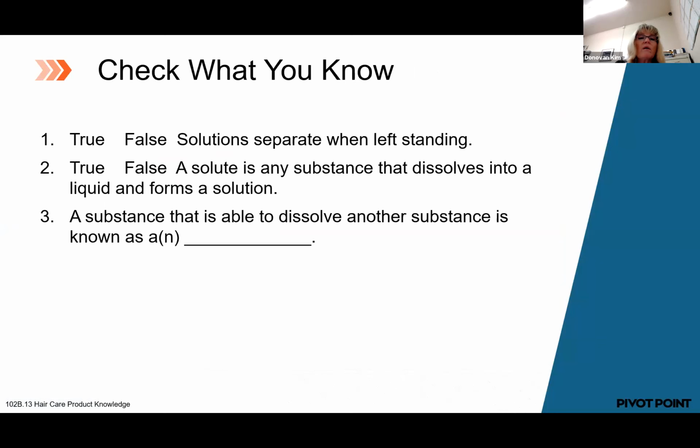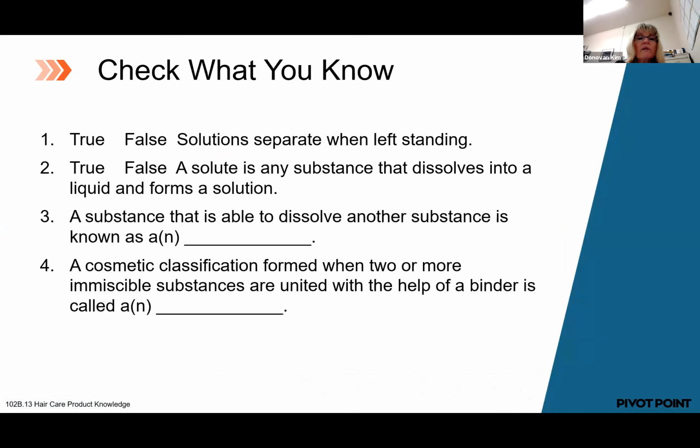So here we go. Who do I got first? Hillary. Solutions separate when left standing. True or false? True. Okay. Nick. A solute. True.